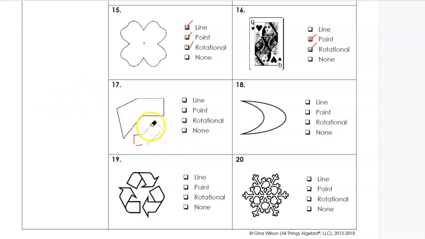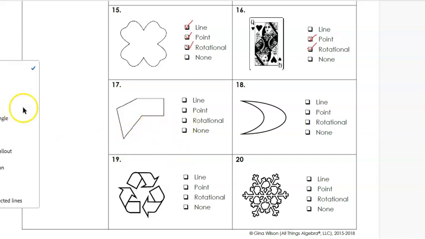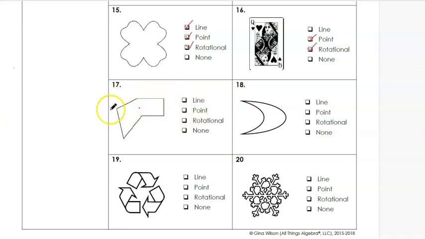Not the greatest artist, but I think you can tell using your imagination that we're not going to get the same shape if we turn that 180 degrees around or flip it over. And I think that's also obvious that we cannot accomplish getting the same shape mapped to itself by any degree measurement rotation less than 360. So number 17 would actually have no symmetry.